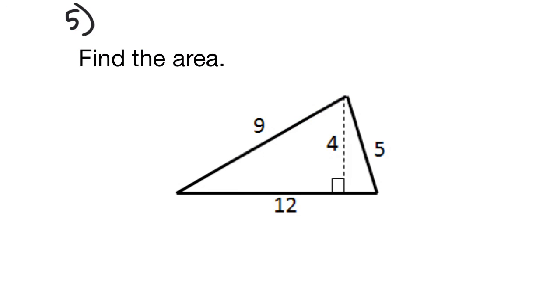All right, here's one that is a little bit tricky. Remember that our area is only half of our base multiplied by height. I only need 2 numbers, but there's 4 here, so there's going to be some extra information. If you wanted to solve this, remember our base and our height always make that 90-degree angle.